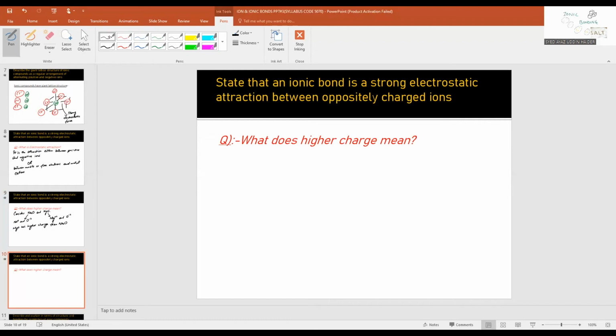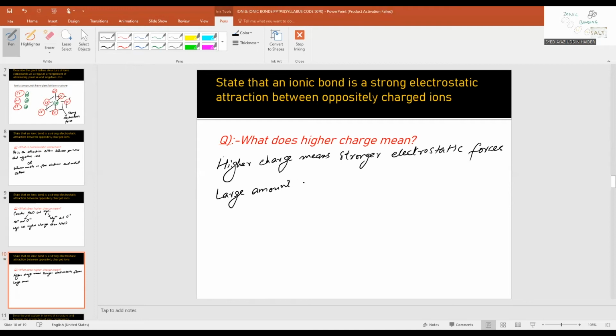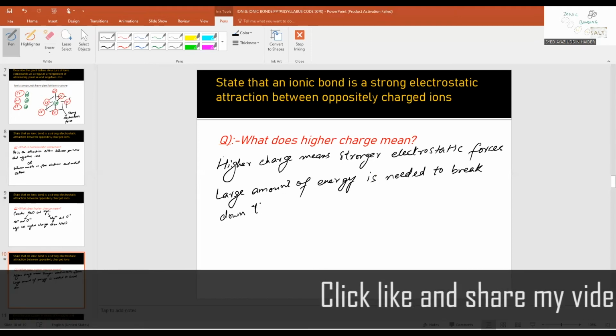Now, what happens if one of the ionic compounds has a higher charge than the other one? Higher charge means stronger electrostatic forces, which means a large amount of energy is needed to break down the force.